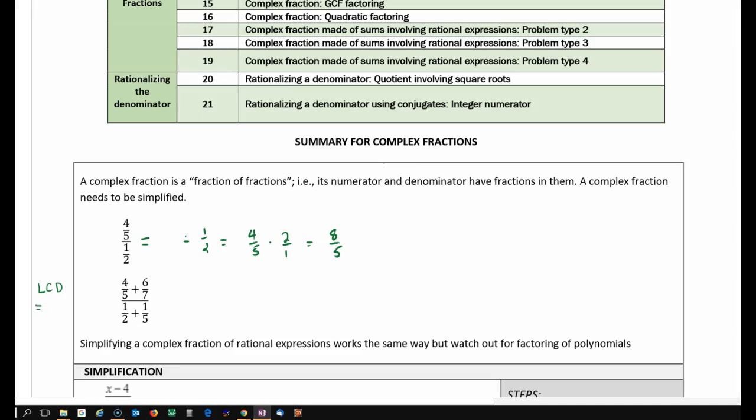In this numerical fraction, that will be 2 times 5 times 7 because they are all prime numbers. So this becomes 70. So what we do is we multiply top and bottom by 70 and distribute it to the fractions.